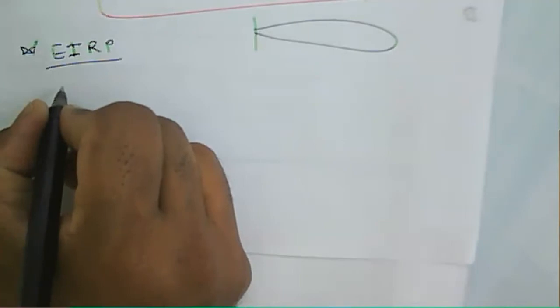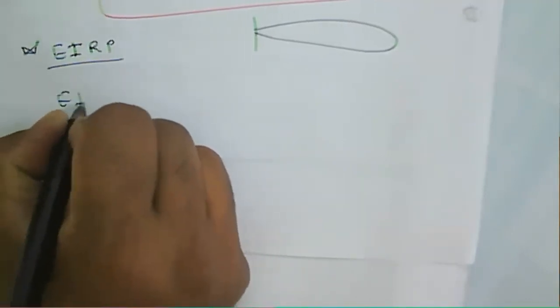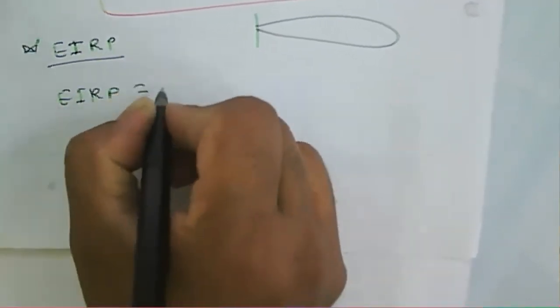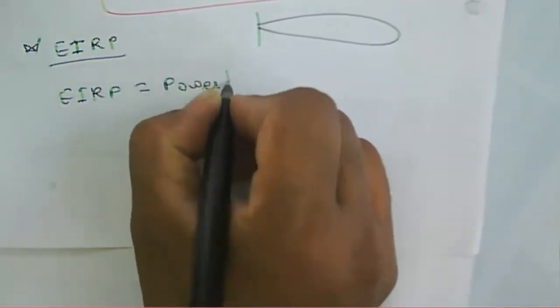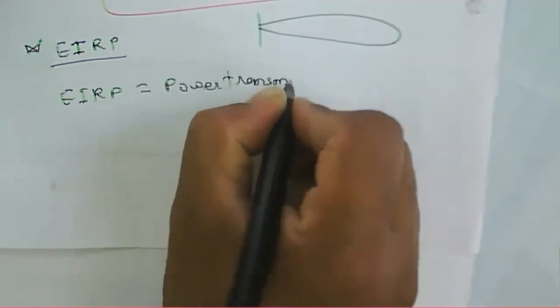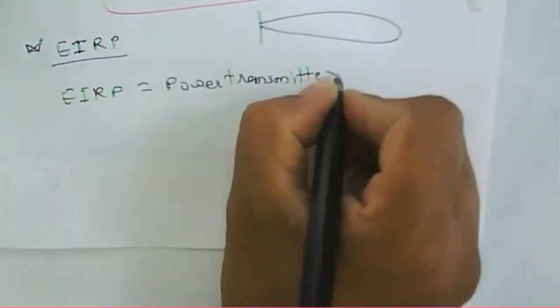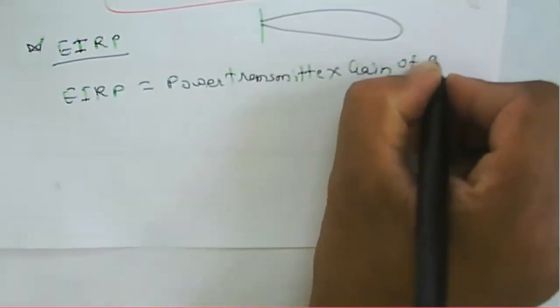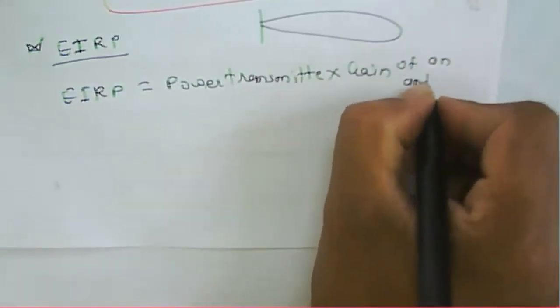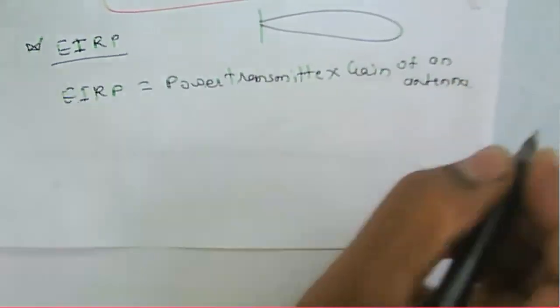That will be nothing but the power transmitted into the gain of the antenna, the antenna which we are using for transmitting here.